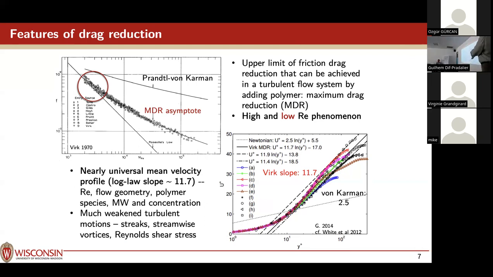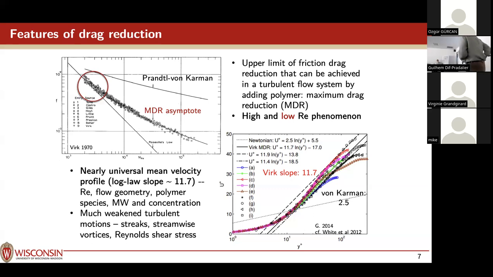This is just data from a large number of different systems, and there's essentially a universal curve that all of this data collapses onto. It's between the Newtonian turbulent curve and the laminar curve. And down here near transition, this curve runs right into the Newtonian laminar case. This is the regime that I'm going to be really interested in.